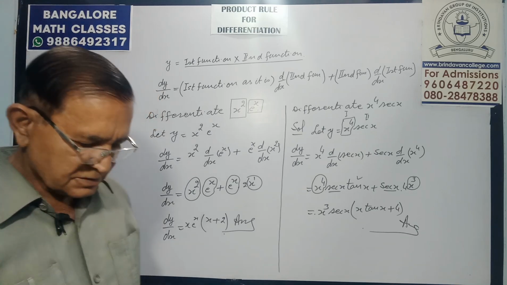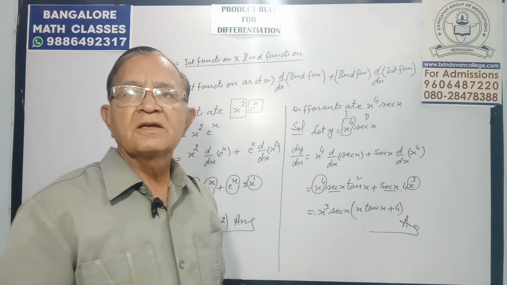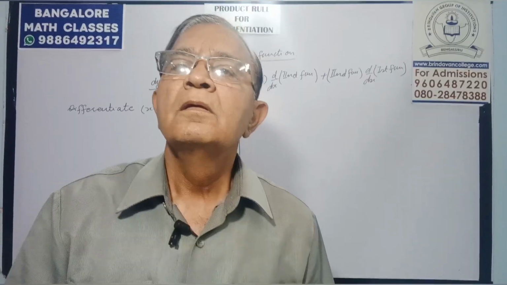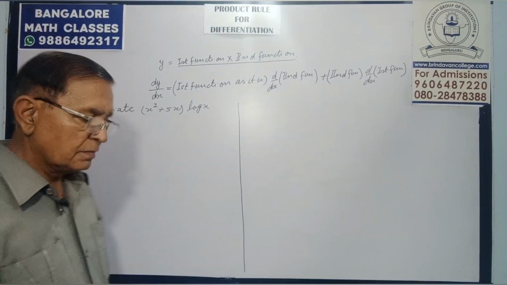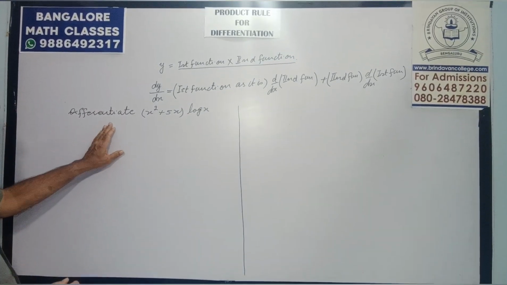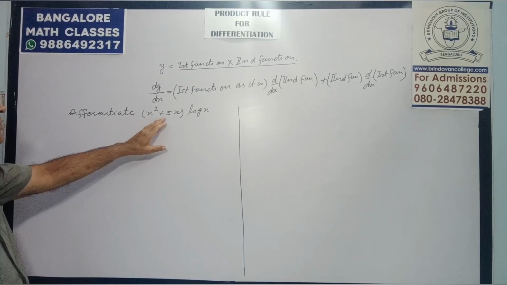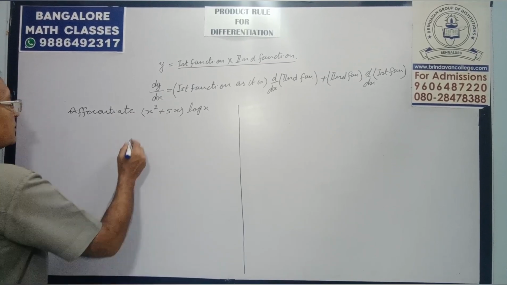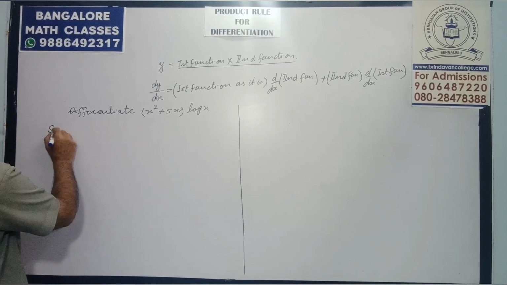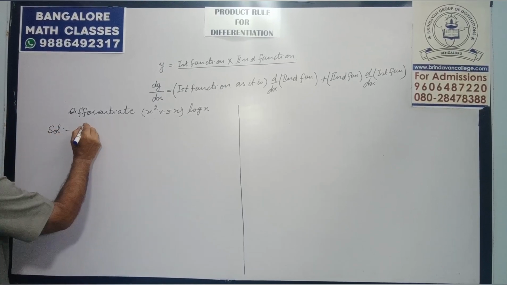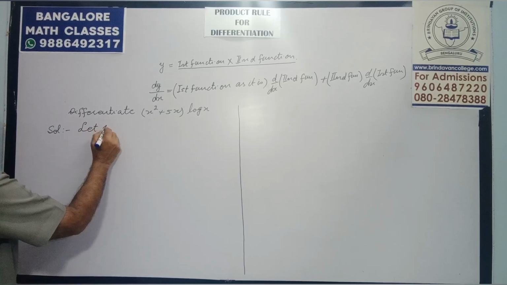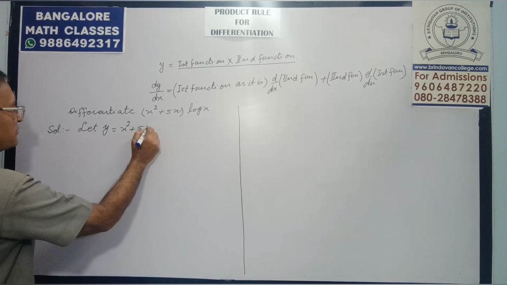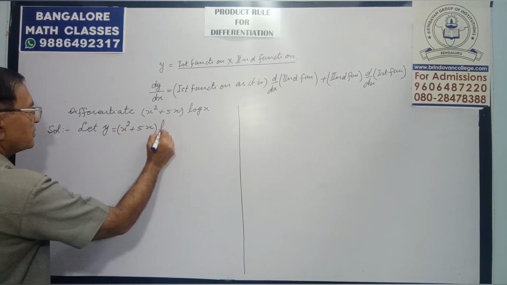So like that you are supposed to solve the sums, taking the first function and the second function. See the next sum. Differentiate (x² + 5x) log x. Let y equals (x² + 5x) log x.